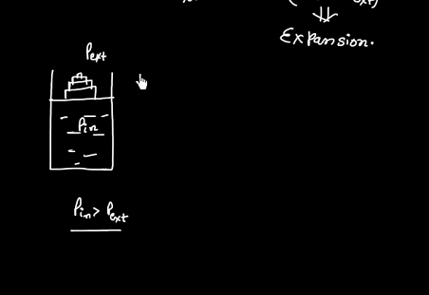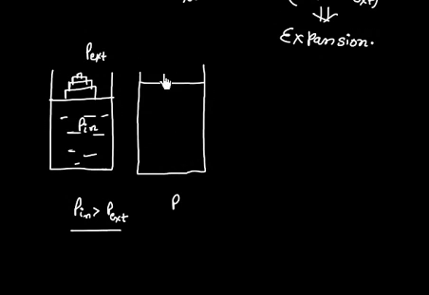So what will happen? This gas will expand, and it will reach here. As gases expand, pressure inside will decrease, and a time will come when P internal is equal to P external. So no expansion will happen now.